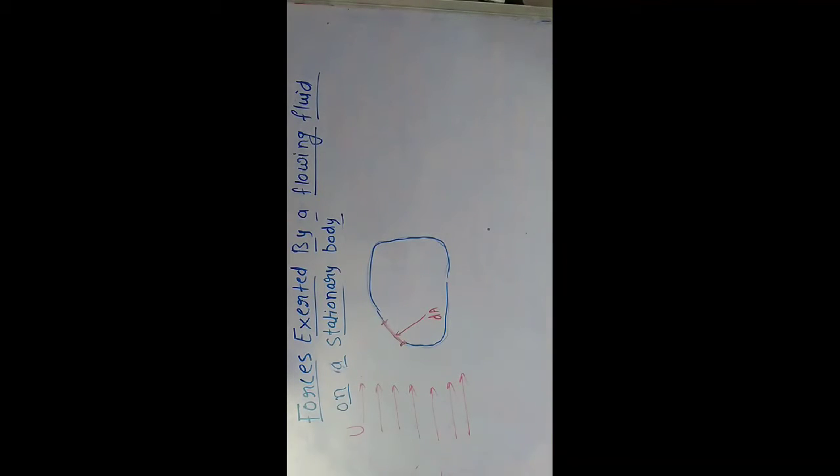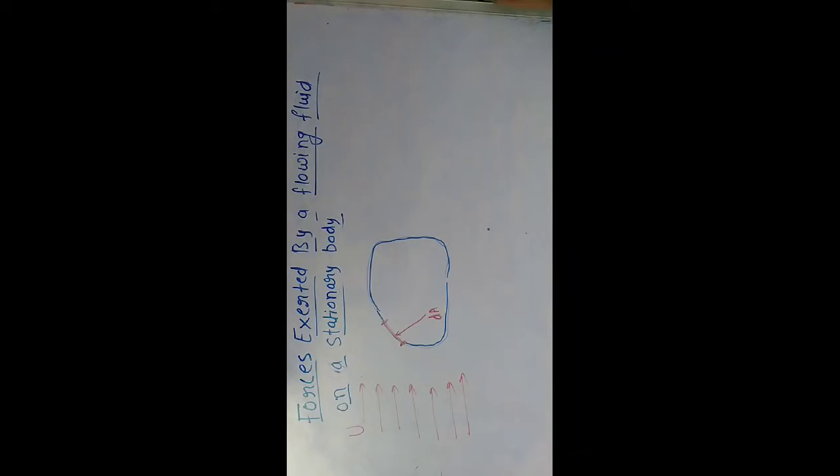So which type of forces will be acting on the surface area dA? We have studied that one force will be perpendicular to the surface, another force will be along the surface.